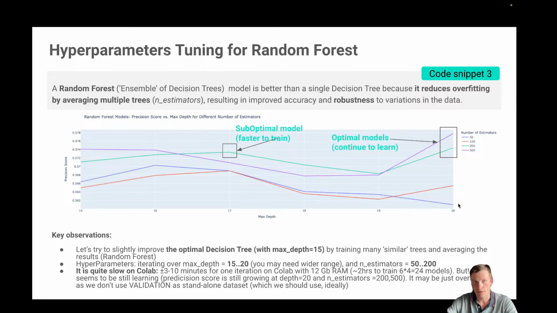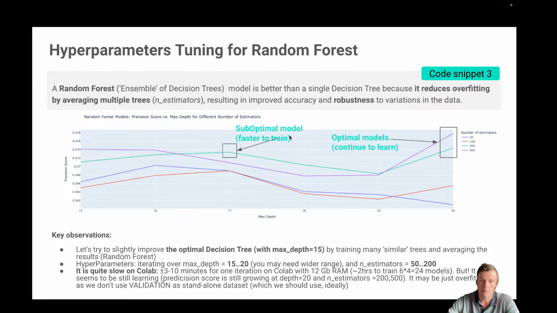So maybe for random forest, I should have tried not 15 to 20 maximum depth, but maybe 15 to 25. And that's one idea. Second idea, it may be a signal of overfitting, that it creates such complex trees that it slightly improves the score, but on the actual data, on the test data, or even on the real data, it won't perform really well.